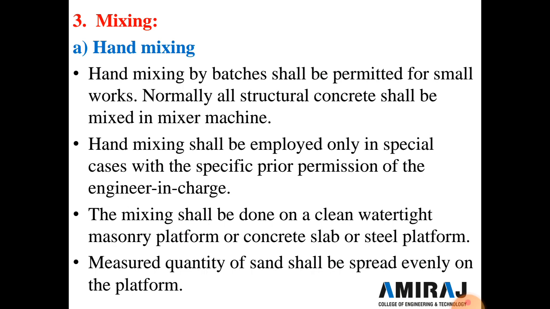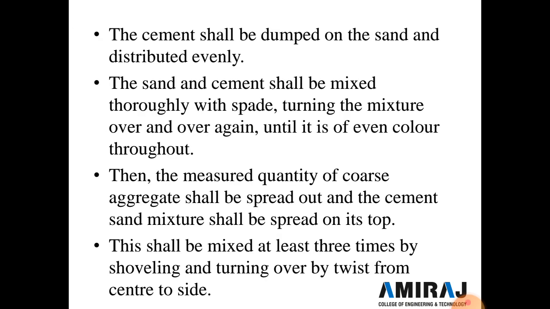The mixing shall be done on a clean watertight masonry platform, or a concrete slab or a steel platform is generally used, and a measured quantity of sand shall be spread evenly on the platform, and then above the sand, cement shall be dumped and distributed evenly.